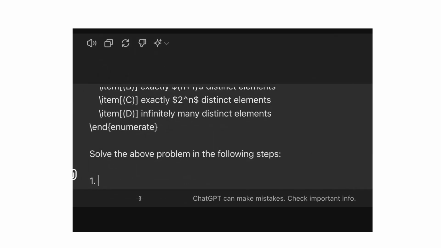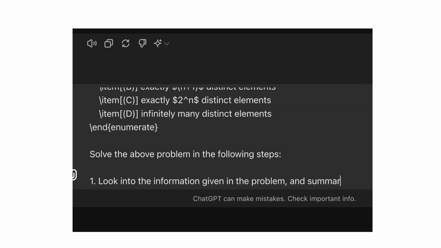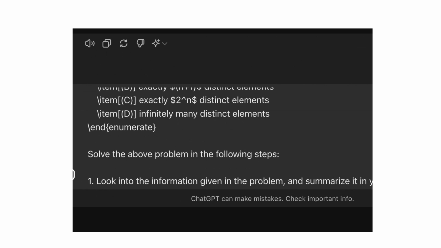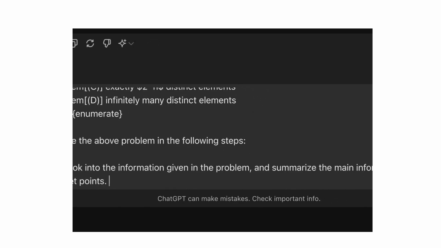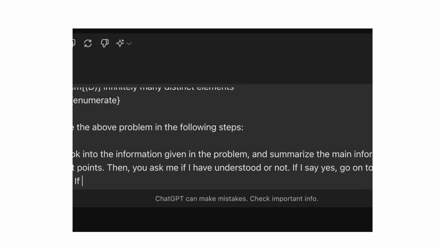So number one is, I believe, first look into the information given in the problem and summarize it in your own words. Summarize the main information in bullet points. Okay. Then you ask me if I have understood or not. If I say yes, go on to the next step. If no, please explain to me why.